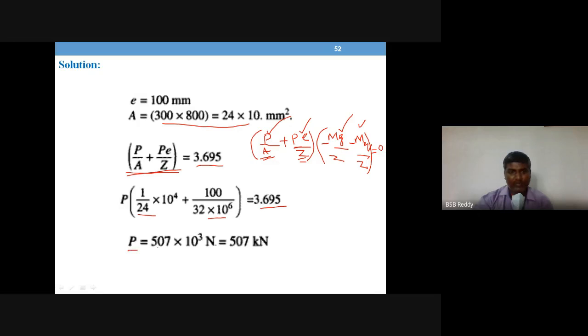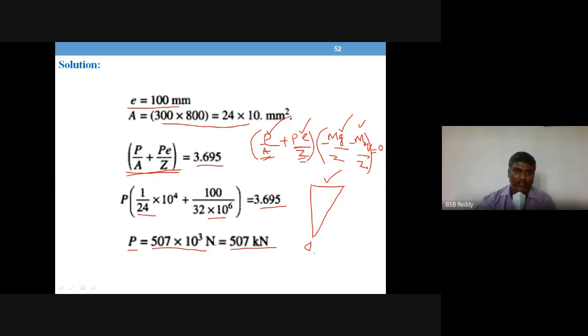So P will be in terms of newtons, and finally converted to kilonewtons by dividing by 10 cube, that is 507 kilonewtons. So 507 kilonewton force is required to make the resultant final stress at bottom 0. Top you will have some value, but bottom stress is 0, which means that tensile stresses are 0 in the cross section.